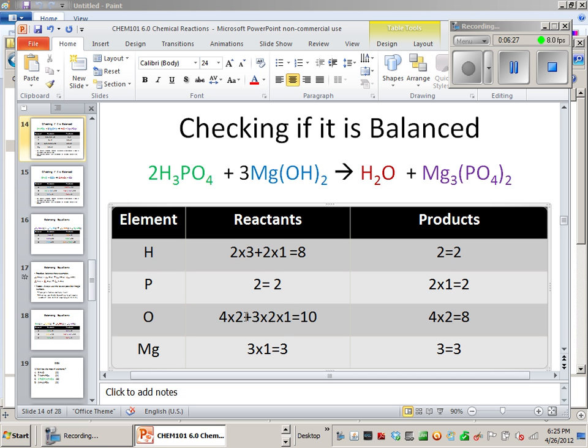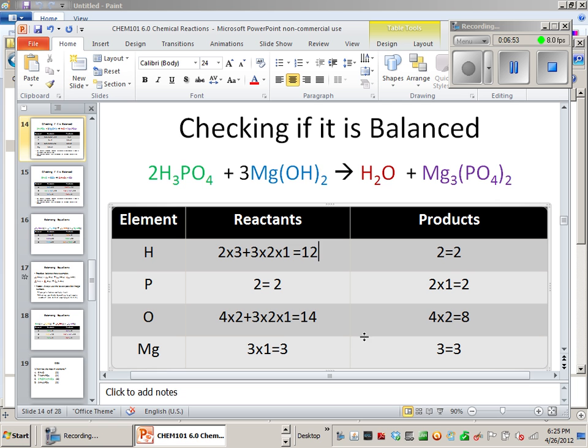So that's 6 plus 8, that's 14. And I also need to change the number of hydrogens because now it's 3 times 2 times 1. So that's 2 times 3 from over here, so that's 6 from these guys, and then 3 times 2 times 1, so that's 6 from these guys as well, so there's 12 total.